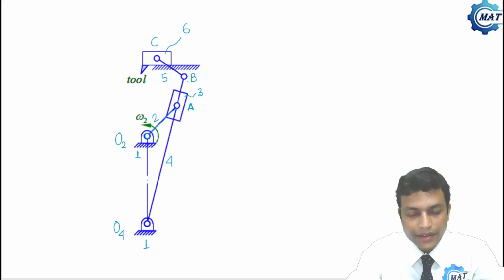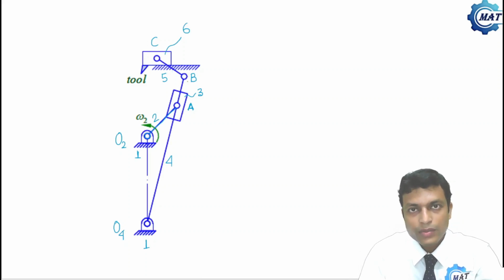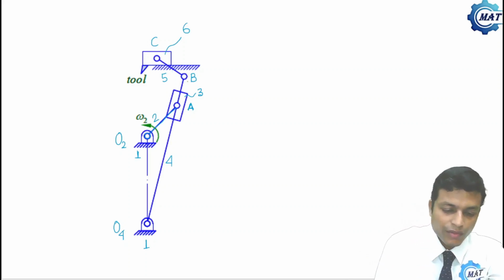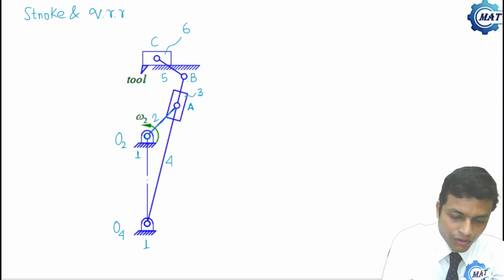This is a kinematic diagram of a quick return mechanism. And the objective of displacement analysis is to determine the stroke and quick return ratio of the mechanism.